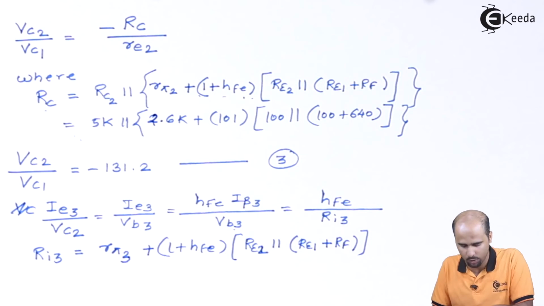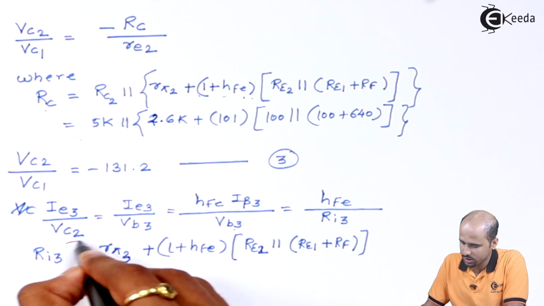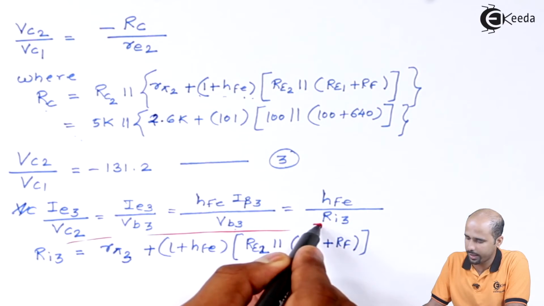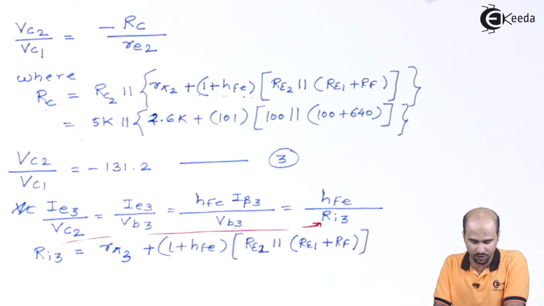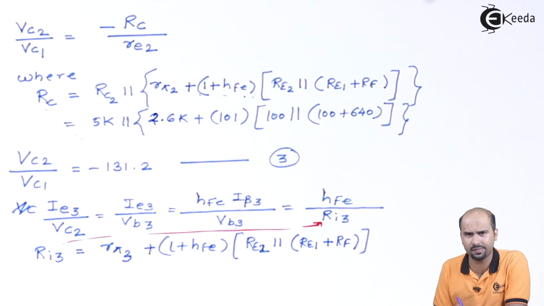You just put this value of RI3 into this particular formula, right? Here we'll get the value of HFE divided by RI3. The value of HFE is now known to us, that is 100. HFE is 100. So calculate the value of IE3 divided by VC2.